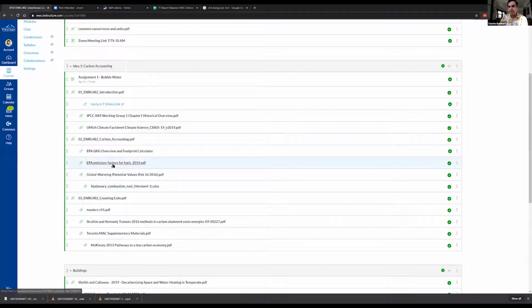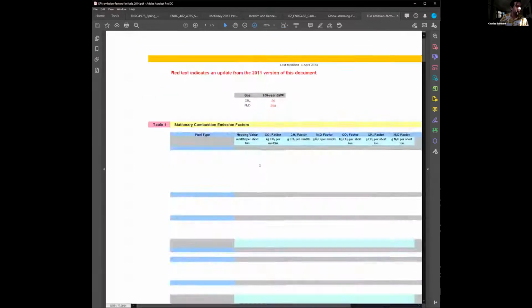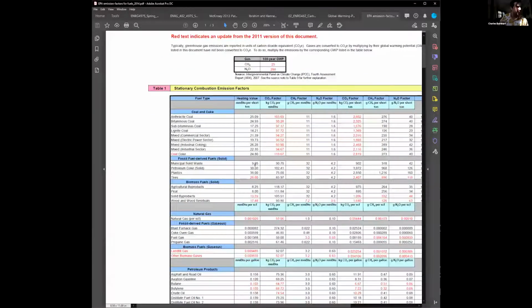So here's EPA emission factors for fuels. This is way too detailed, but you can look up different things. So let's go to where we were, natural gas.